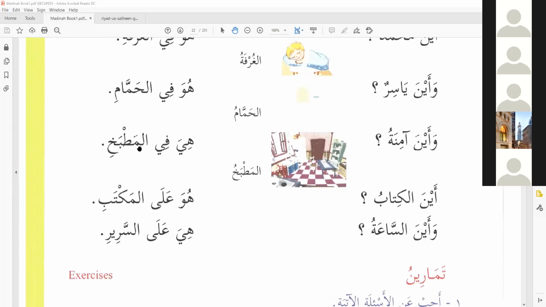All of them have alif lam in them. Here, fil matbakhi, al matbakhi. Huwa ala al maktabi. Oh no, we have alif lam. So what is the issue here?